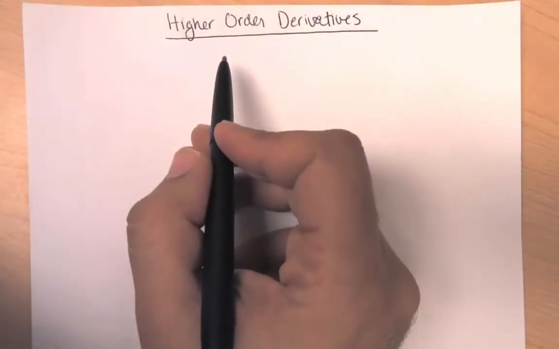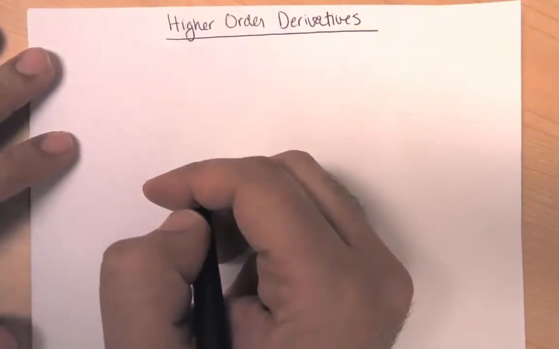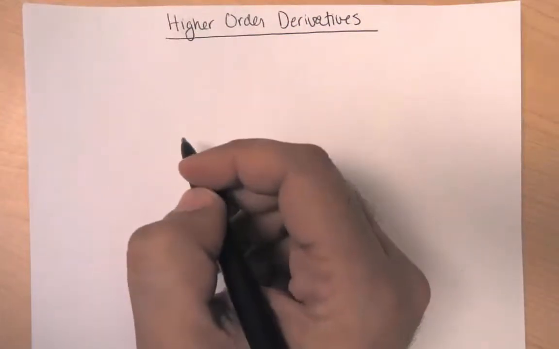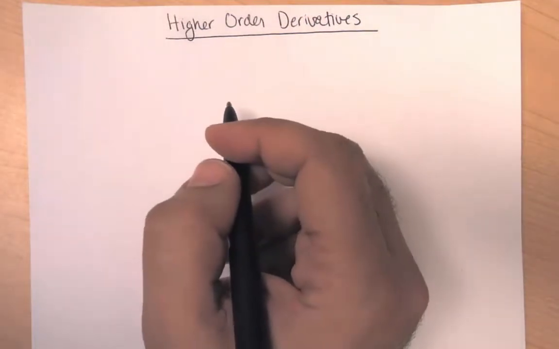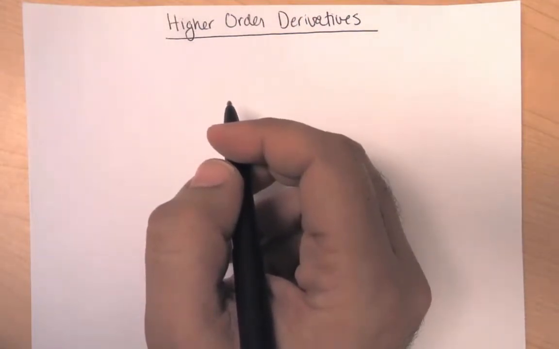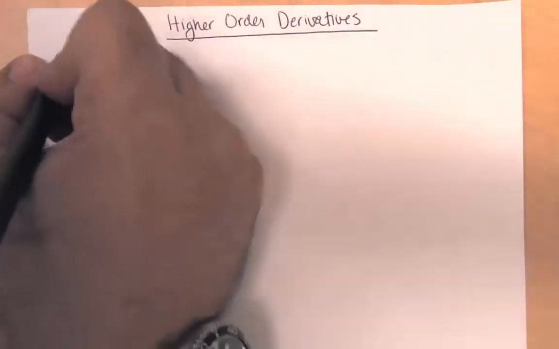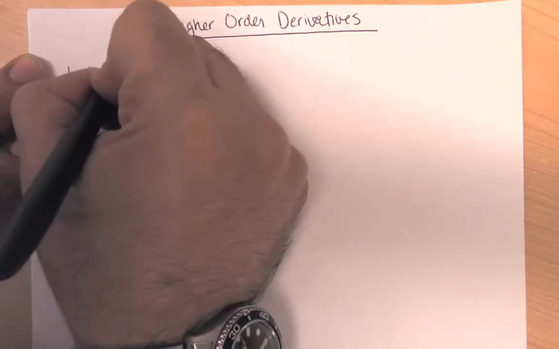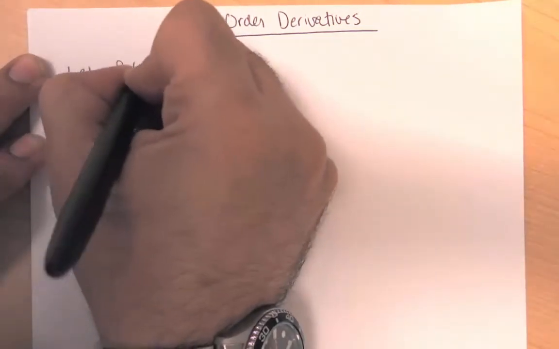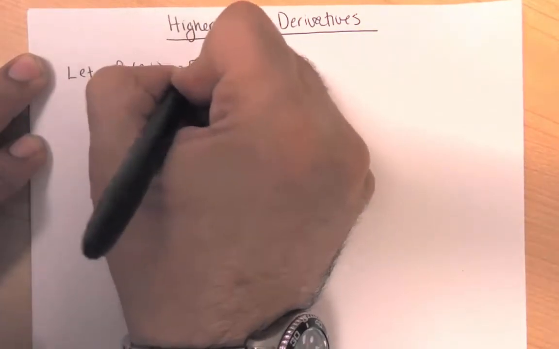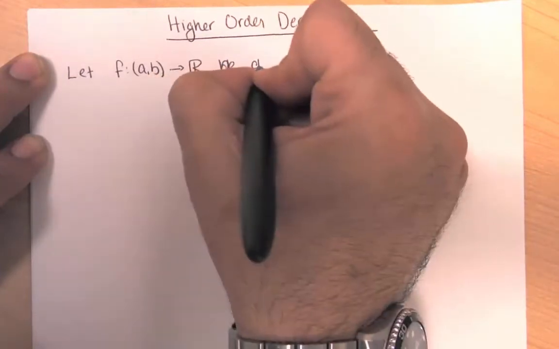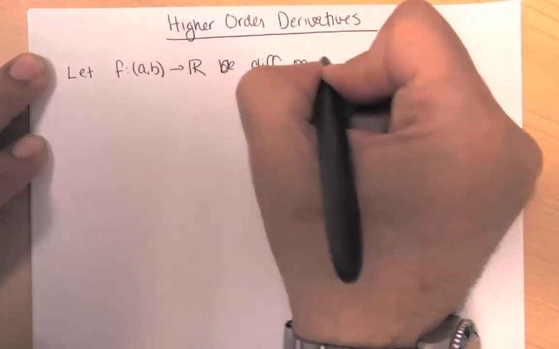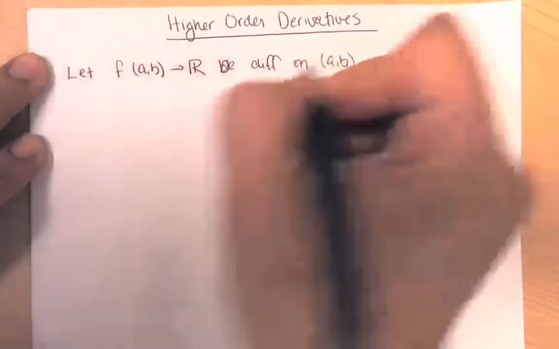So let's discuss higher order derivatives. Now, a higher order derivative, like a second derivative or a third derivative, if we think back to calculus 1, a second derivative is just the derivative of the derivative function. So let's review. Let f map the open interval a to b to R. Let it be differentiable on the entire open interval.